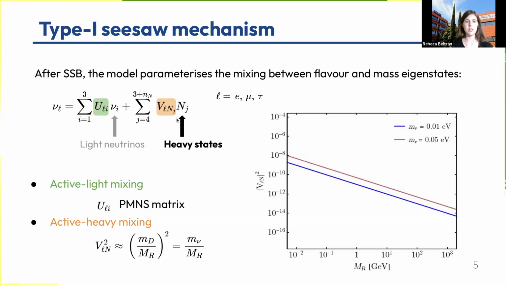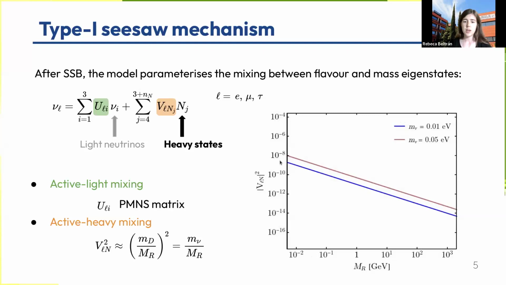is model dependent. So in this type 1 seesaw mechanism and at leading order in the seesaw approximation, the squared mixing value takes this specific form. Here the right plot shows the predicted values for the squared mixing as a function of M_R for two different light neutrino values.